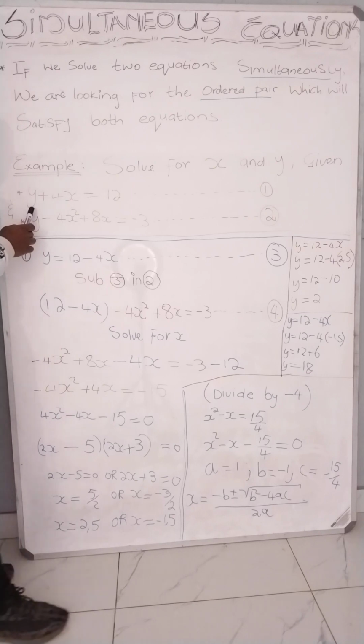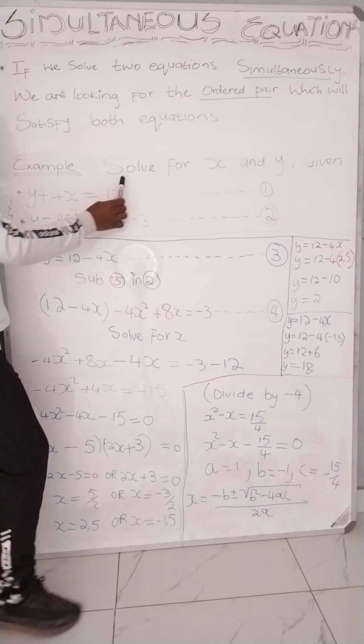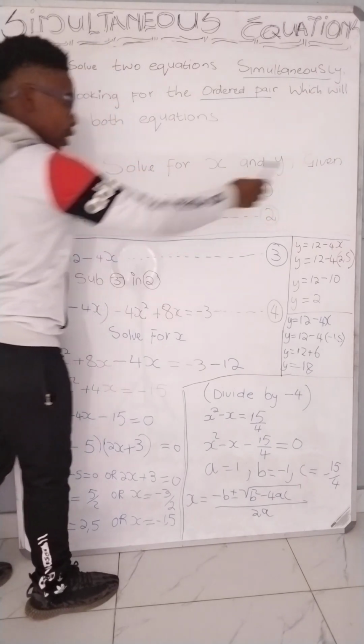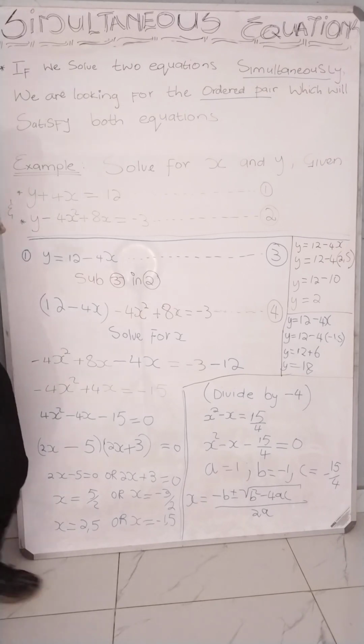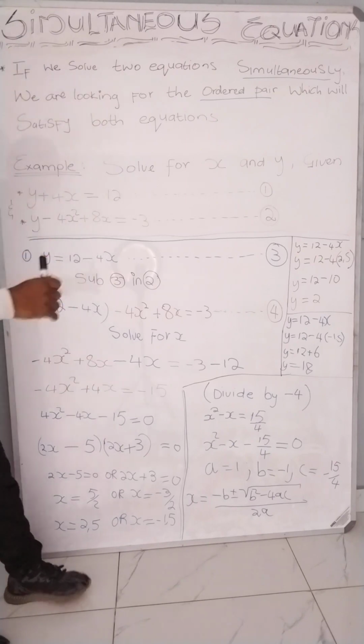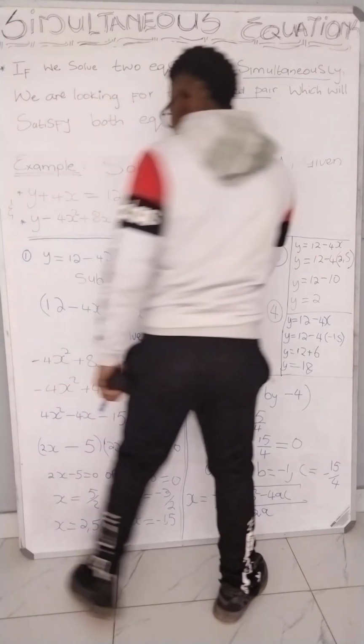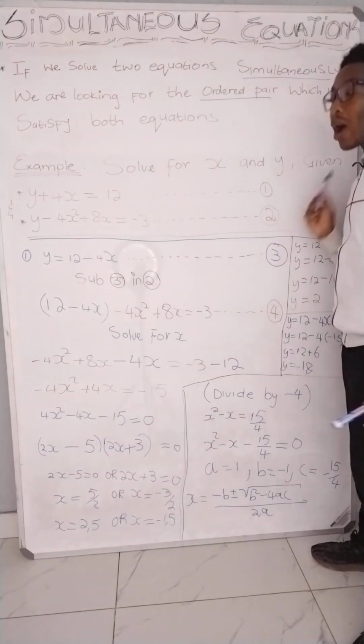Now, for example, you're given y plus 4x is equal to 12, and they say solve for x and y given this and that. So now we are coming to the steps that you follow. The first equation, we usually just mark it equation number 1.